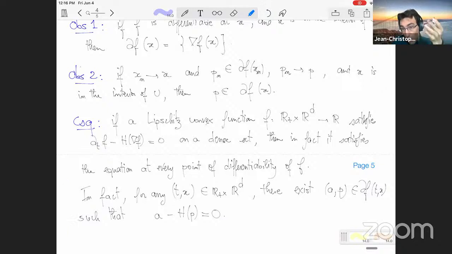But now, if it so happens that this point is a point of differentiability, there's only one guy by observation number 1. There's only one guy in the subdifferential.